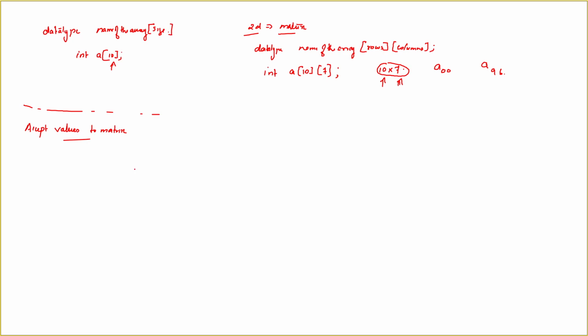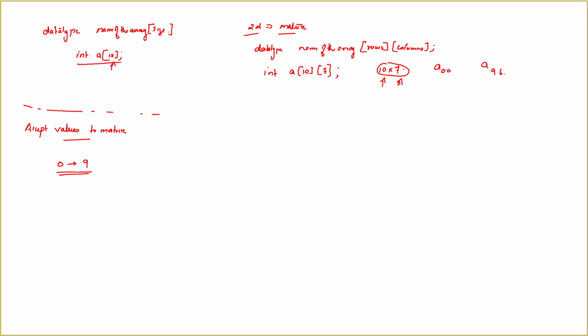You all know that if I declare an array a[10], the elements are from 0 to n-1, or 0 to 9.